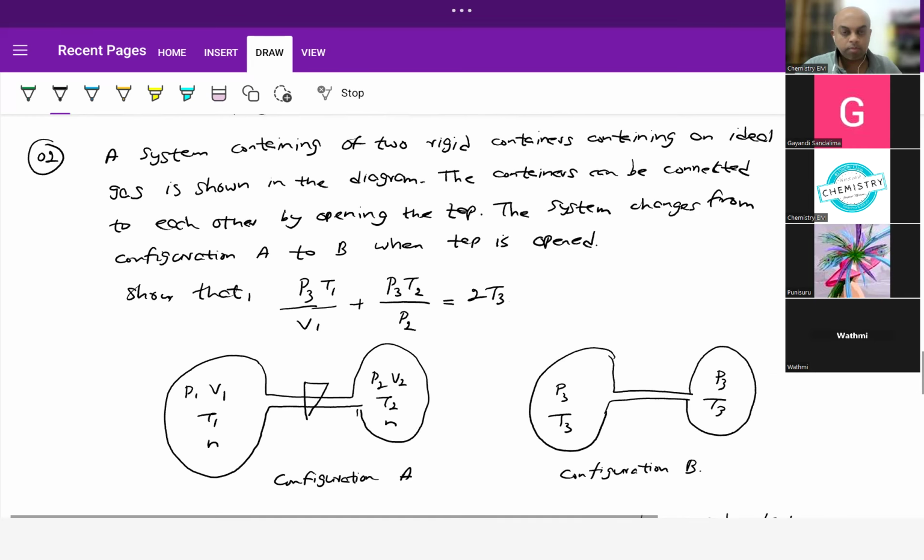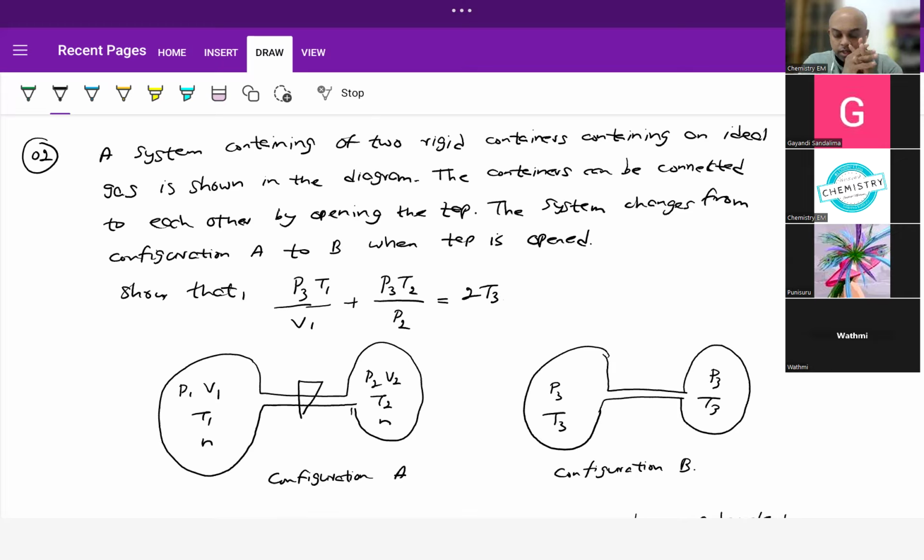My handwriting is not that attractive, so I will repeat this question. A system consisting of two rigid containers containing an ideal gas is shown in the diagram.